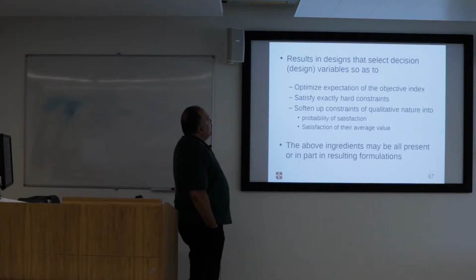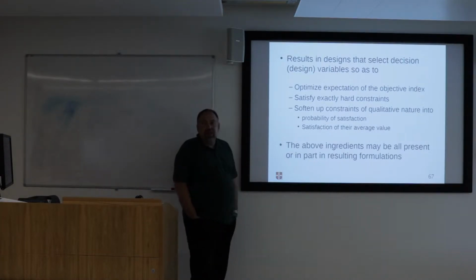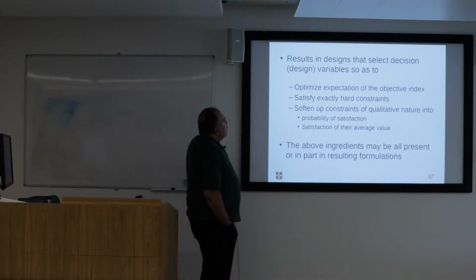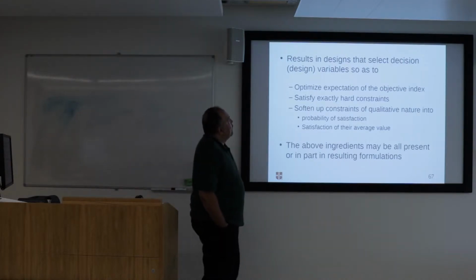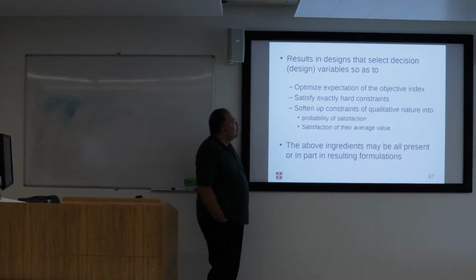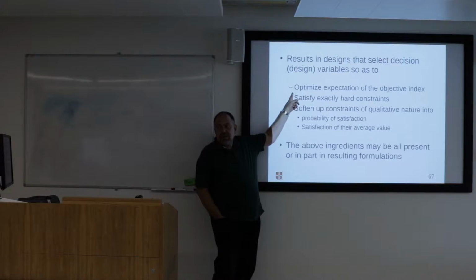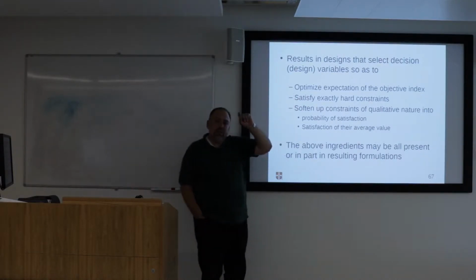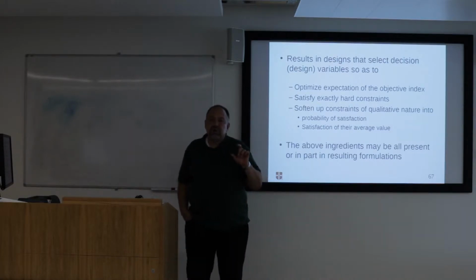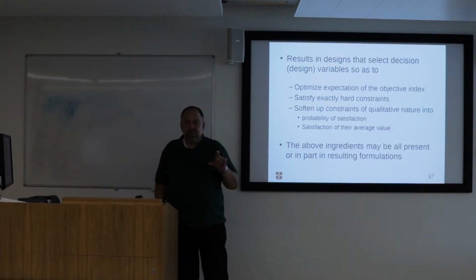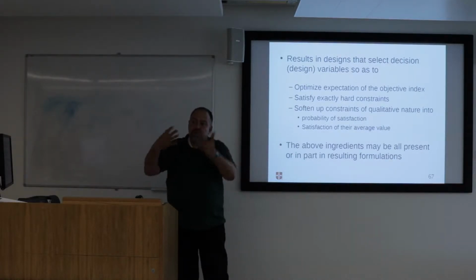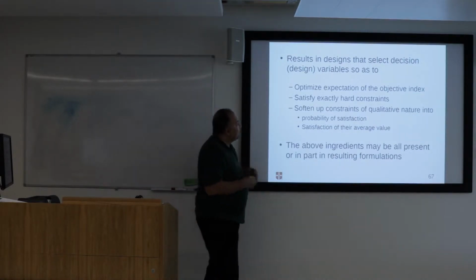So if you consider uncertainty within your modeling, then it results in designs that select decision or design variables so as to optimize the expectation of the objective function value or the objective index. You don't have a single value because now your parameters are stochastic, random variables, and therefore you expect a distribution of values of the objective to be the result of this.